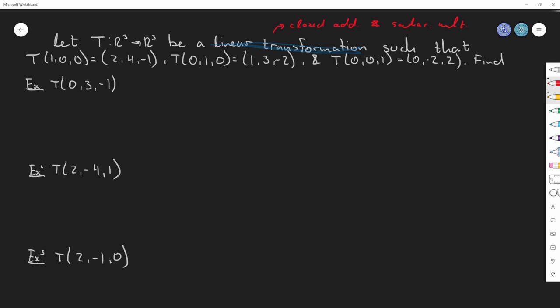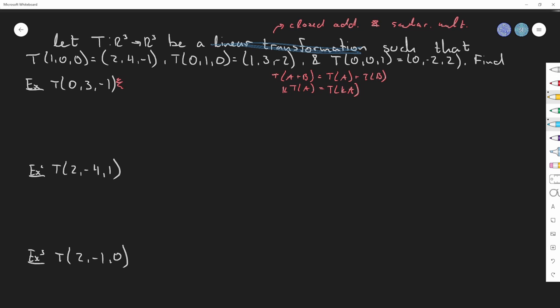What that means is that T of (a + b) is equal to T of a plus T of b. We've done these in the last video, where we have to show that this is true. And then T of (ka) is equal to k times T of a. We can use these to our advantage, because it's a linear transformation, to find what they're telling us to find.